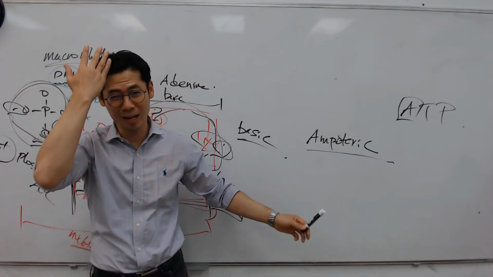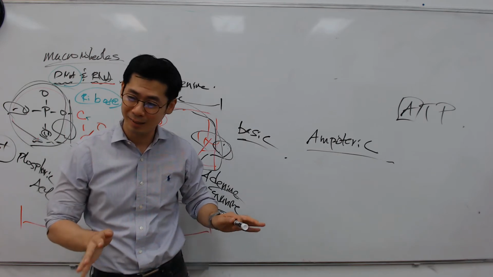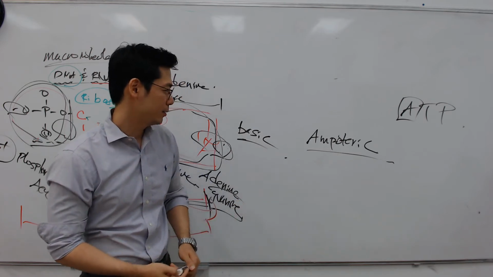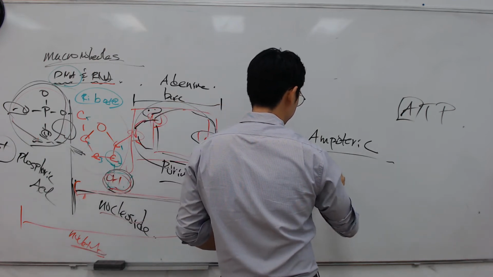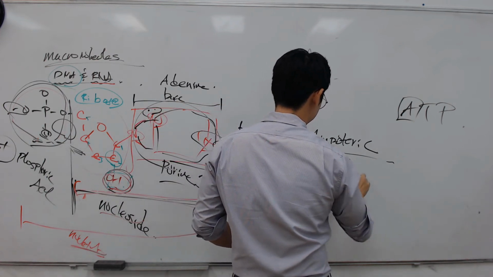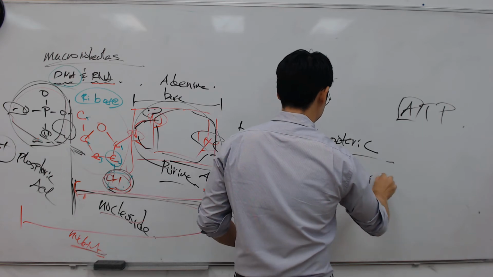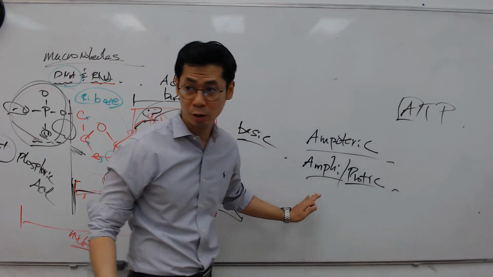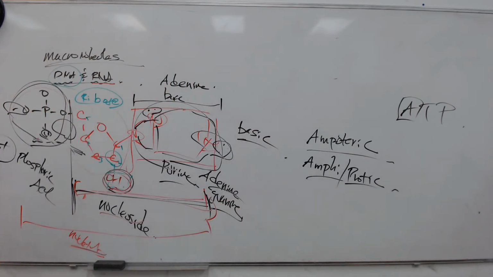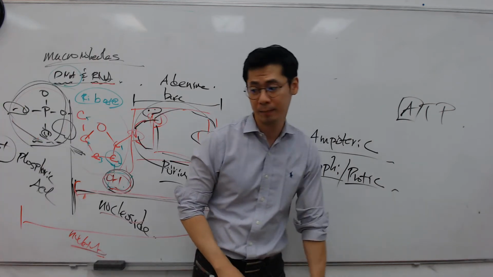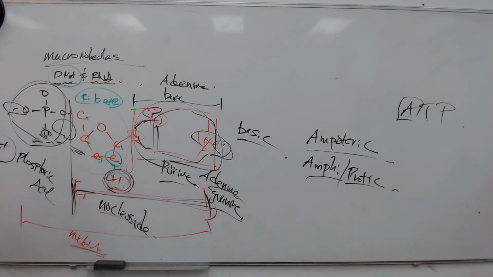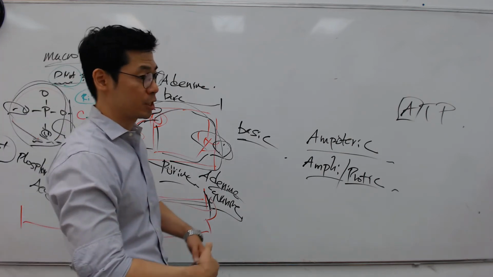Bio and chem don't really use the same terminology. They call it amphiprotic. That's a term they also use. So amphoterism, also sometimes called amphiprotic: you can be both acid and base as a single molecule.